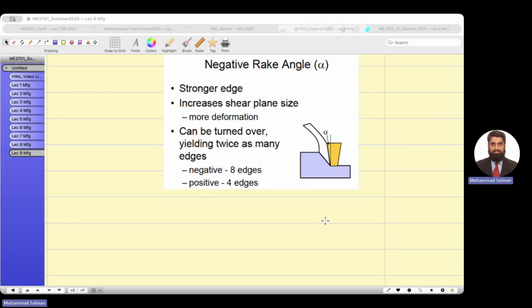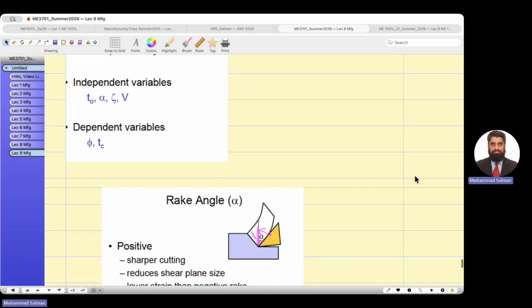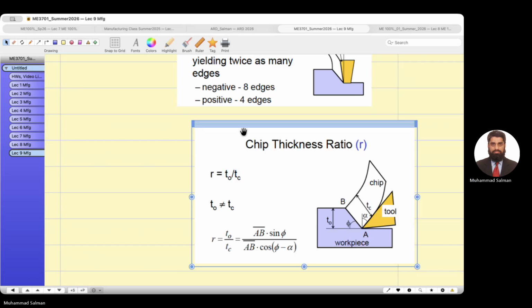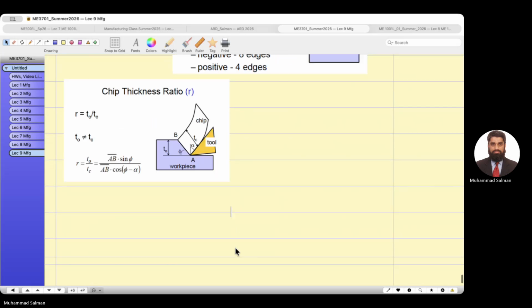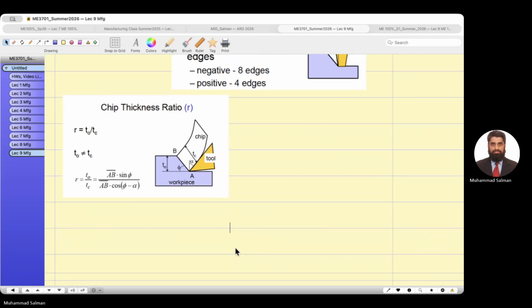Okay, we have already drawn this picture, right? So let me go to some of the formulation. How do you get this ratio?